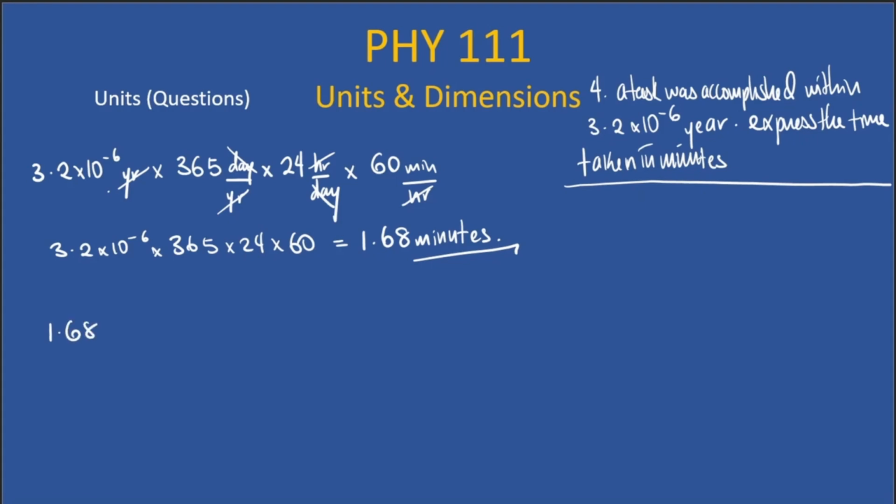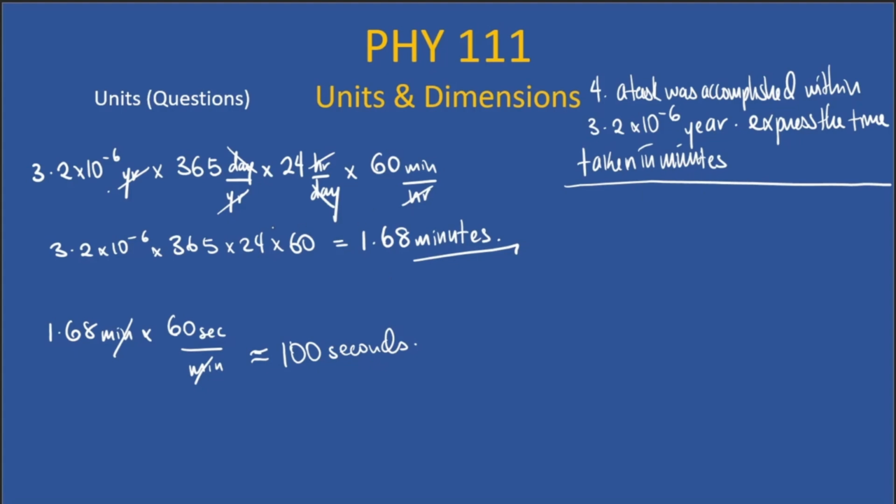So 1.68 minutes times the number of seconds in a minute, 60 seconds per minute. Minute goes for minute. And then we get 100 seconds. Approximately 100 seconds.